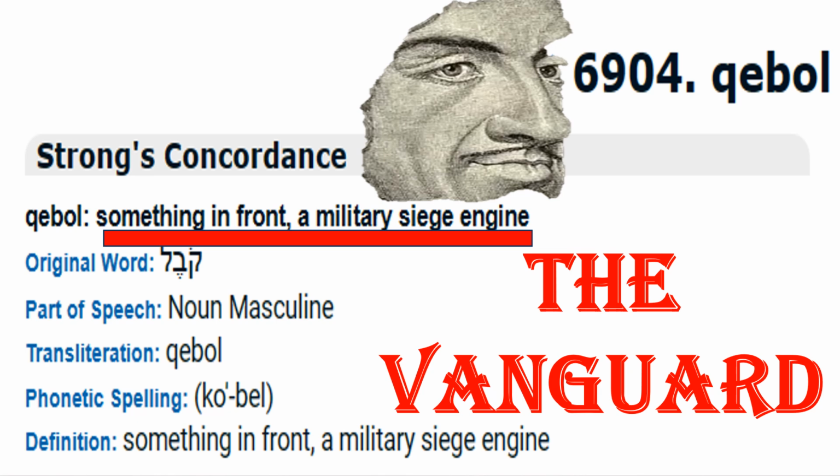What we also have here with King Charles is this idea of the cabal, meaning something in front, a military siege engine. This is interesting because if you recall, the Royal African Company and a number of these companies were chartered under the Stewart dynasty. So, in terms of the transatlantic slave trade, we have the Stewart dynasty right out front. Okay, so they are not behind.